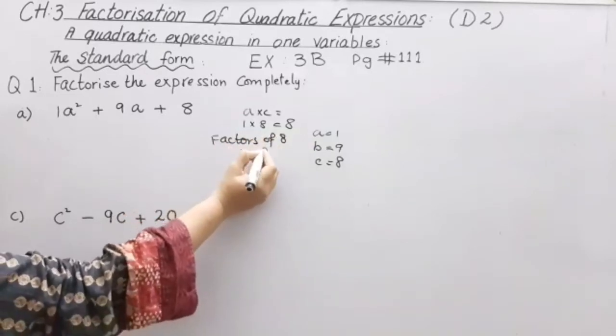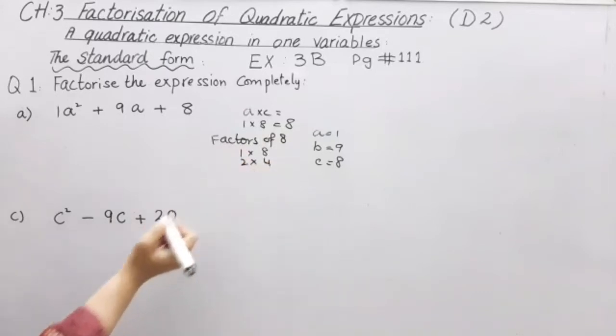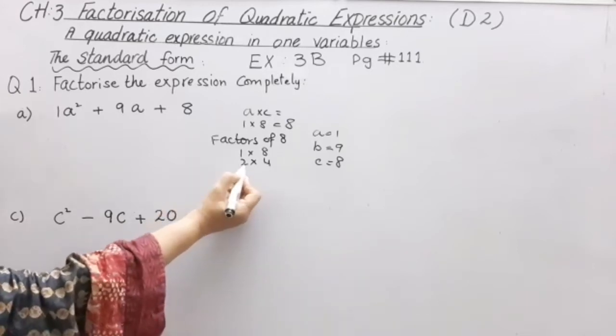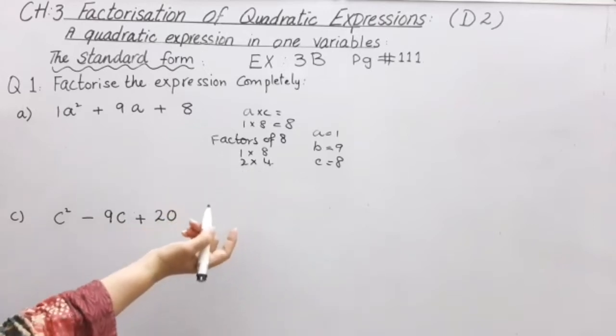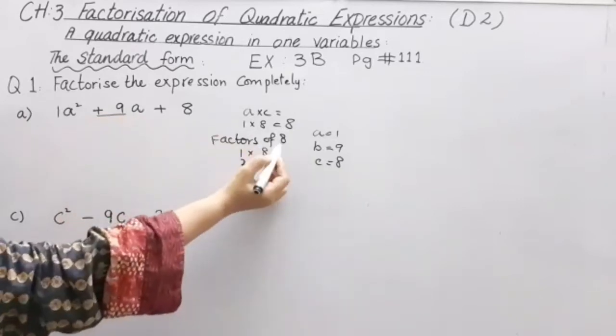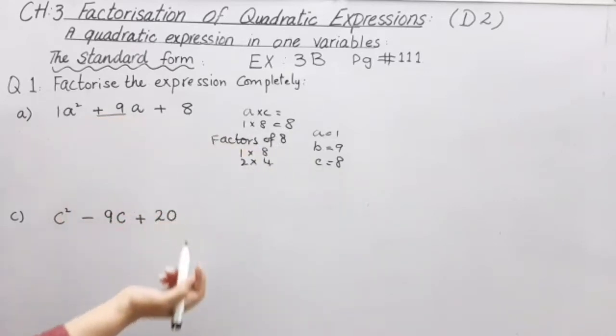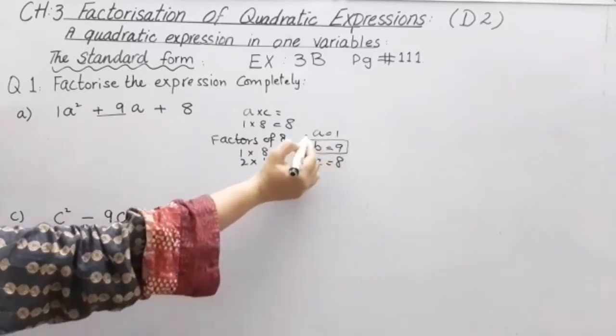1 into 8, 2 into 4, and these are their factors. But we see when we add 2 and 4, they make 6, and when we subtract, they make 2. So we need b. When we make the factors and add or subtract them, we need b with its sign.